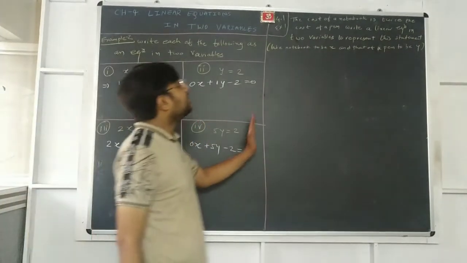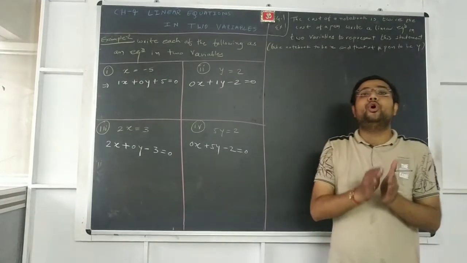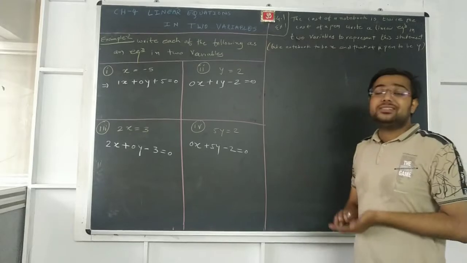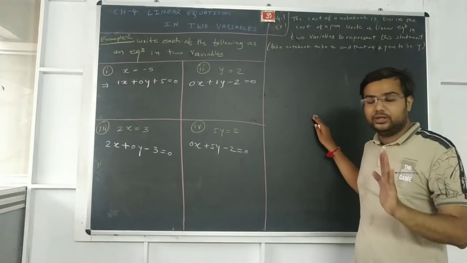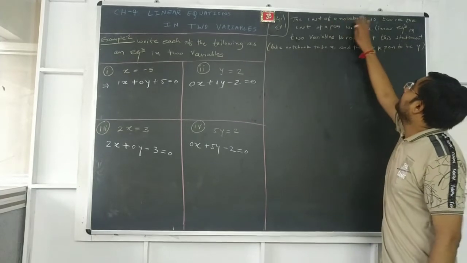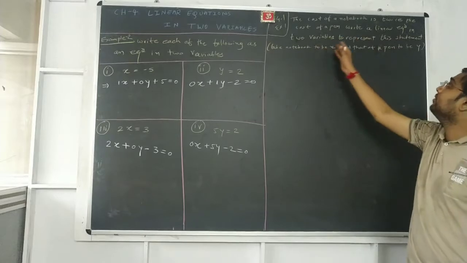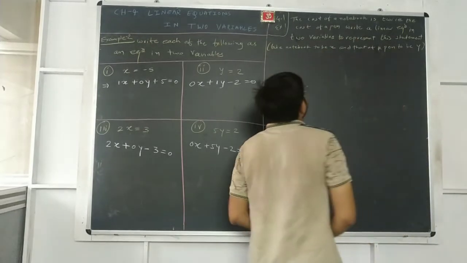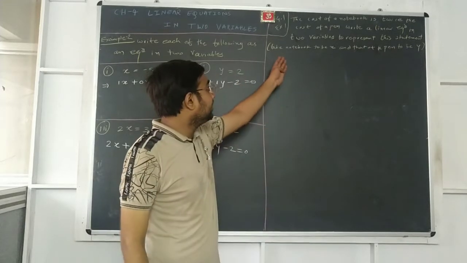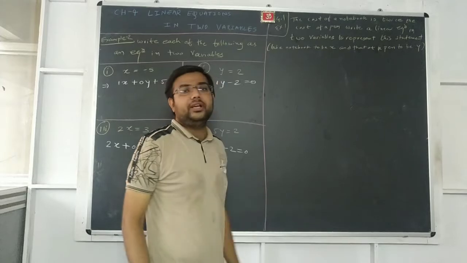Now we are studying example number 1 of exercise 4.1. What is this example? The cost of the notebook is twice the cost of the pen. Write a linear equation in two variables to represent this statement. Take the cost of the notebook to be x and that of the pen to be y.